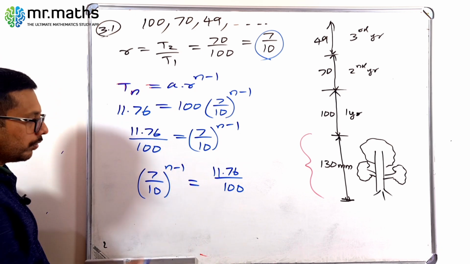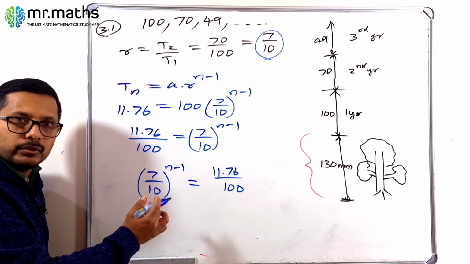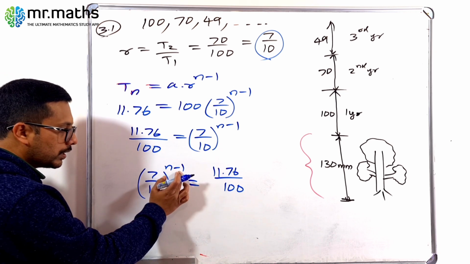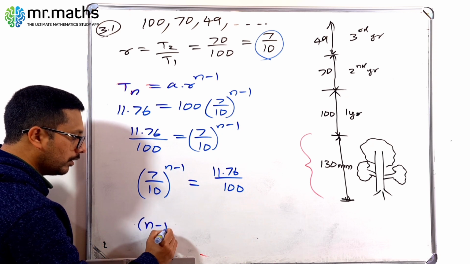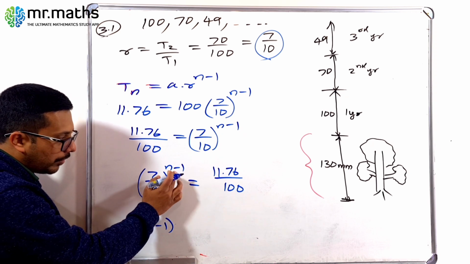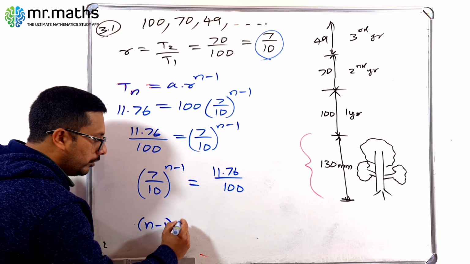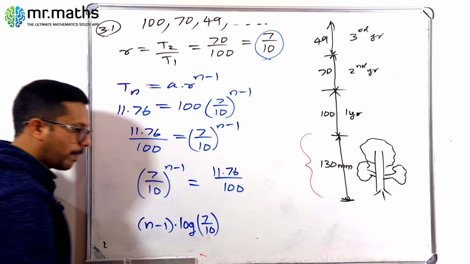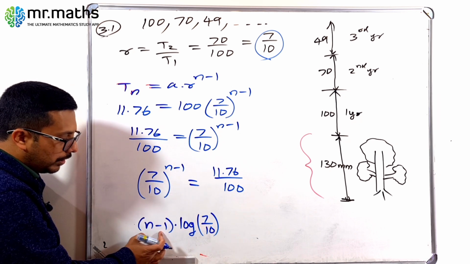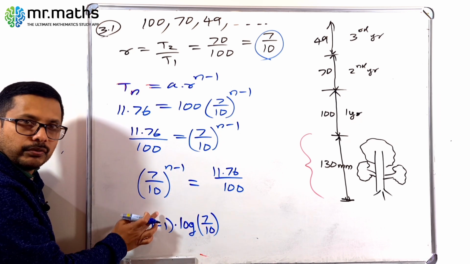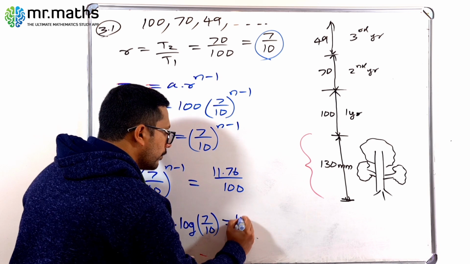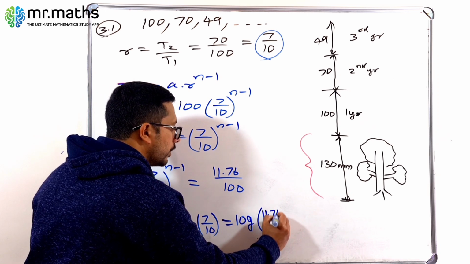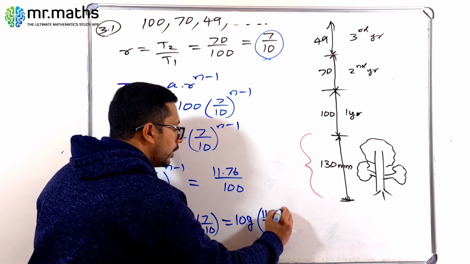So how can we take the logarithm? Do you remember the logarithmic rules that you studied in inverse function? Look very carefully, this power n minus 1 comes in front: n minus 1 times log of 7/10 is equal to, on the right side there is no power, so it is log of 11.76 divided by 100.